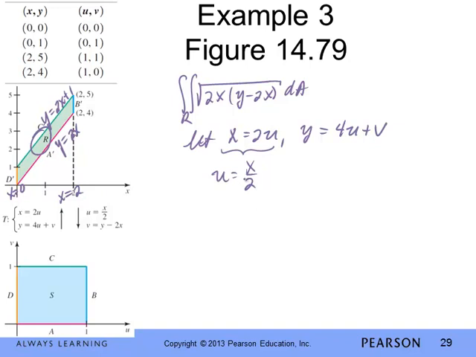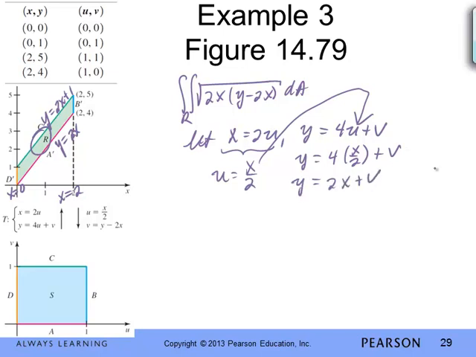When x is 2, u is 1. So that's kind of handy. Now, going over to the second equation, if you replace u by x over 2, we have y is equal to 4 times x over 2 plus v. That means that y is equal to 2x plus v. That means v is equal to y minus 2x.